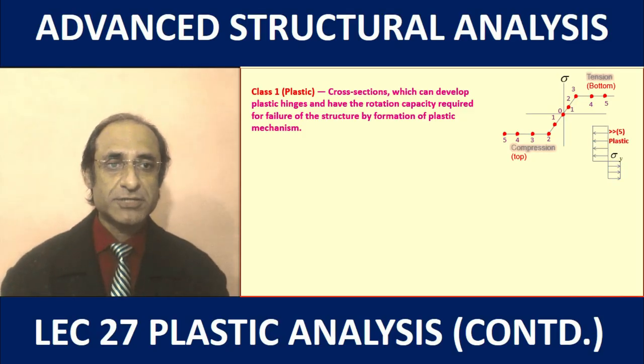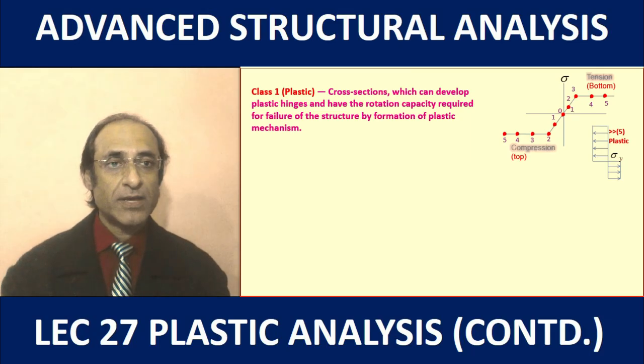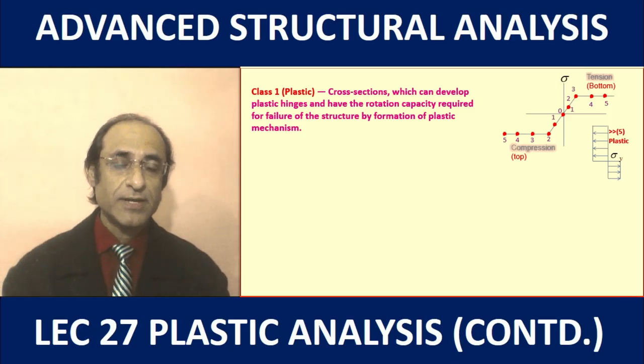A plastic section should go sufficiently far beyond point number 5, where full plastification occurs. The section should be such that the curvature at the final rupture is at least 6 to 10 times the curvature at point number 5. This is a typical behavior of a plastic section.